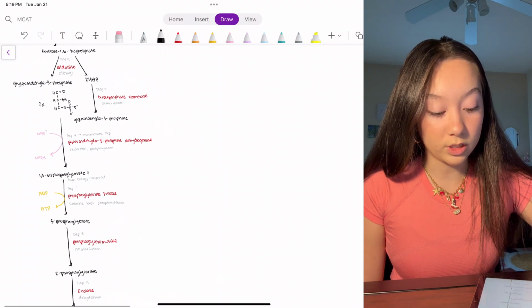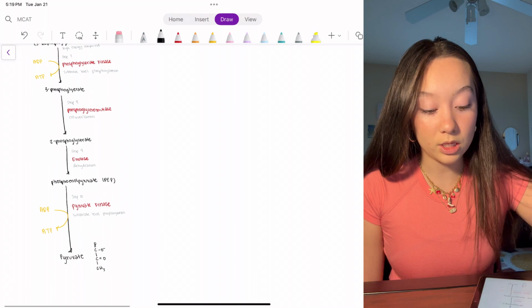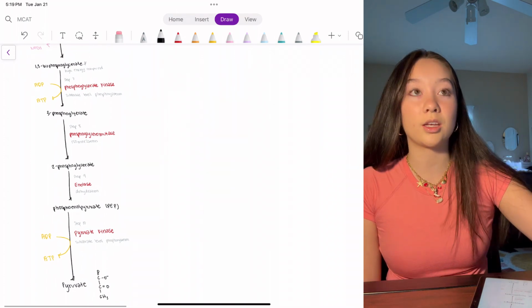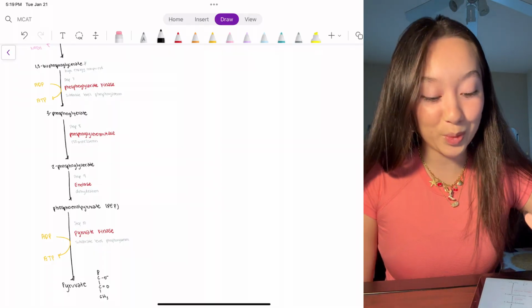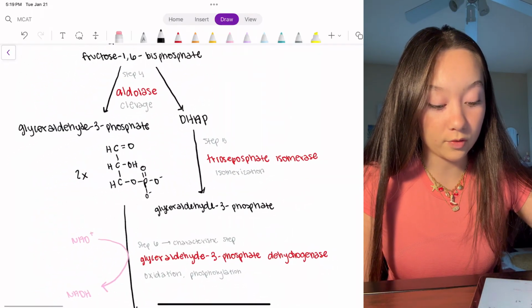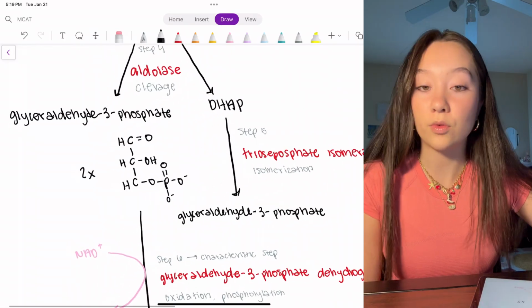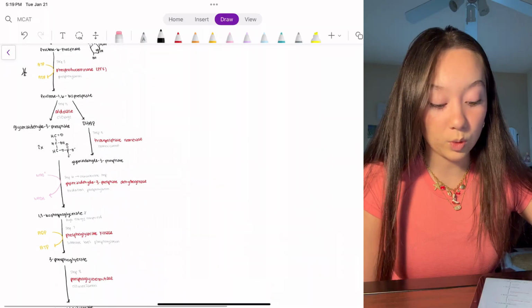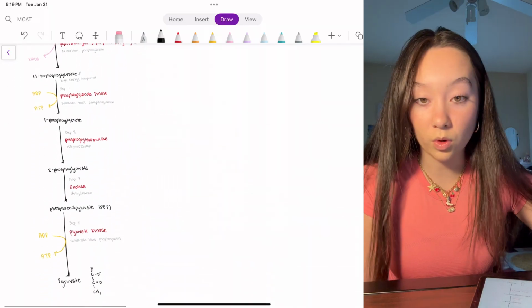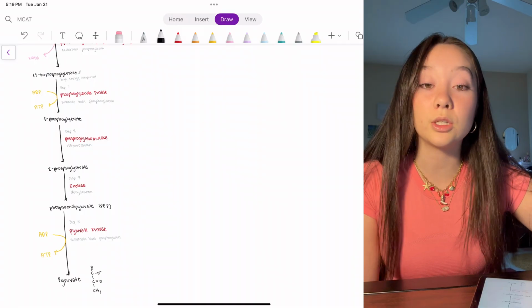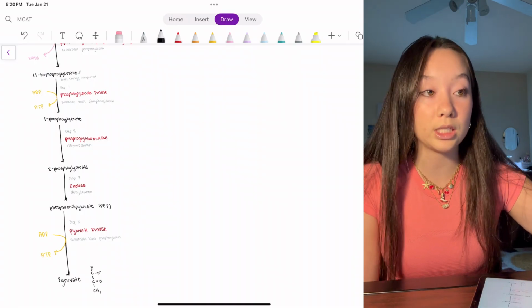It goes all the way down, and as you see, we only have 2 ATPs being made. So you might think, well, we just broke even. But you need to remember that we have 2 of these glyceraldehyde 3-phosphates. So everything from here on out, remember, is doubled. So we actually made 4 ATP. But since we spent 2, the total yield of glycolysis was 2 ATP.